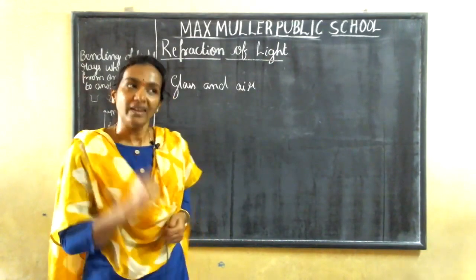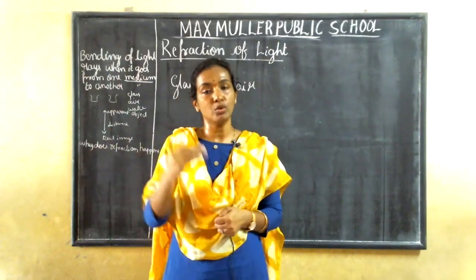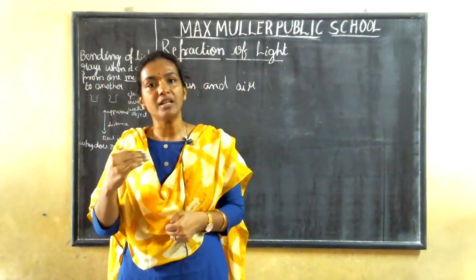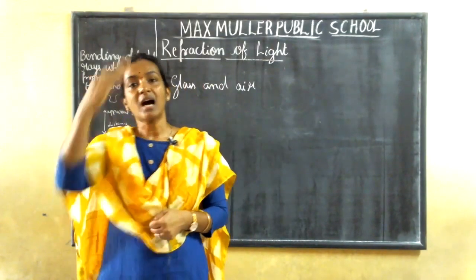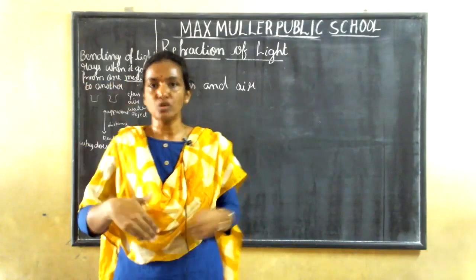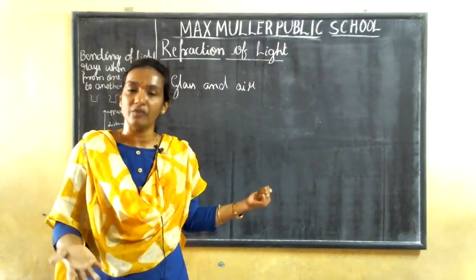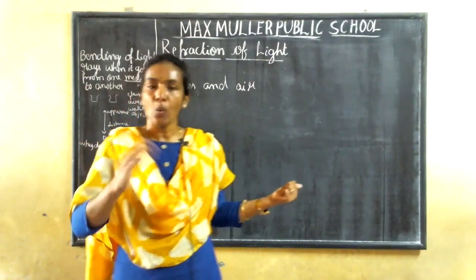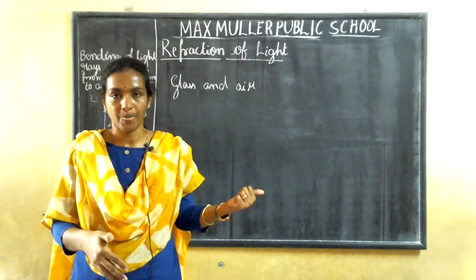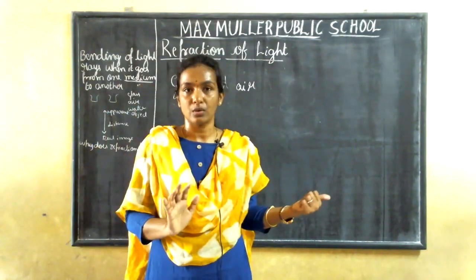Whenever light comes from high speed medium to low speed medium, the speed of the ray is different in a medium. As I told you before, refraction happens because the speed of the rays is different in a medium. Why does it happen? Because light rays want to reach on time, not before nor late.